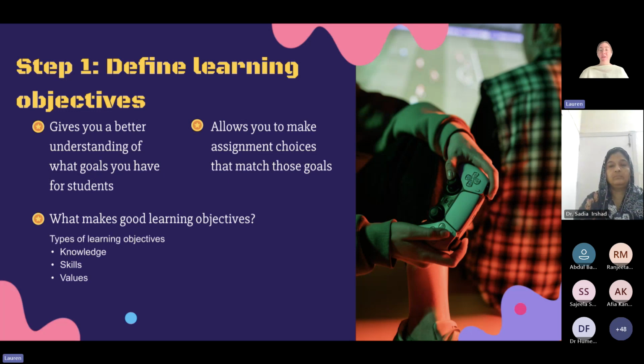There are different types of learning objectives. You might be familiar with this. Knowledge objectives, skills objectives, and values objectives. So knowledge is what kind of knowledge the students will come out with. What will they know after they complete your course? Skills are what they'll be able to do after they complete your course. And values are all of those other things.